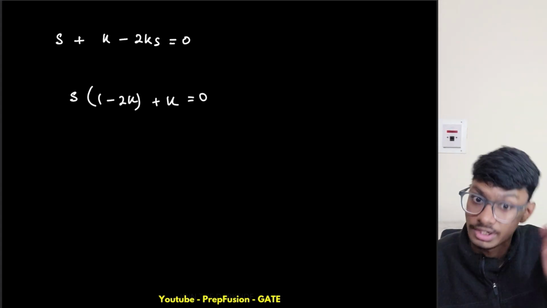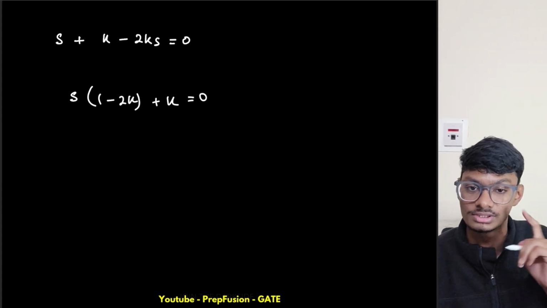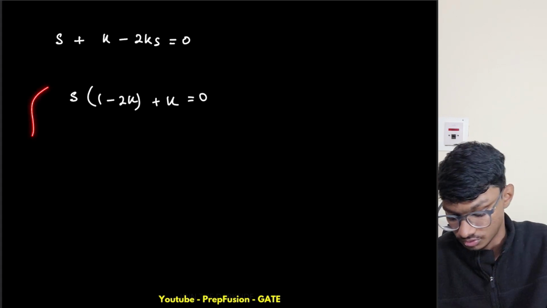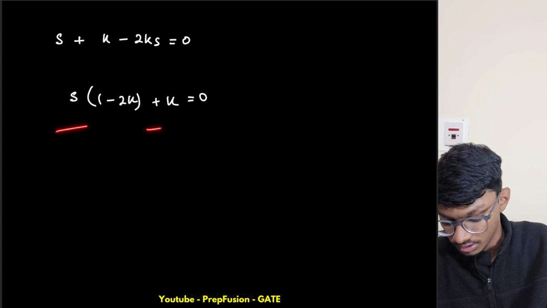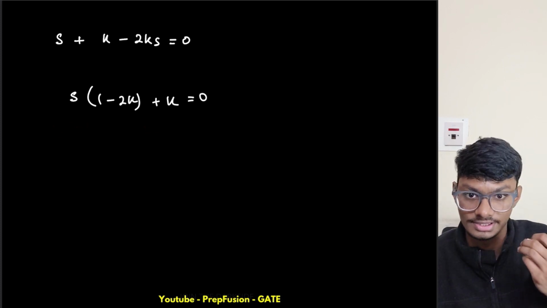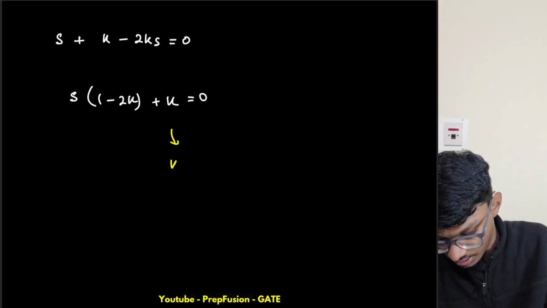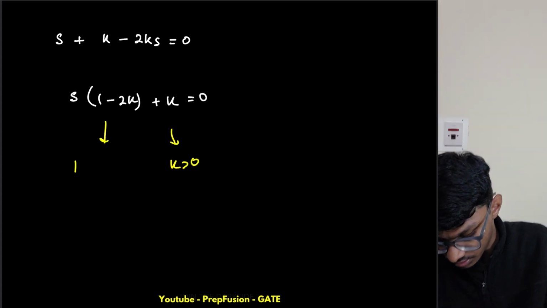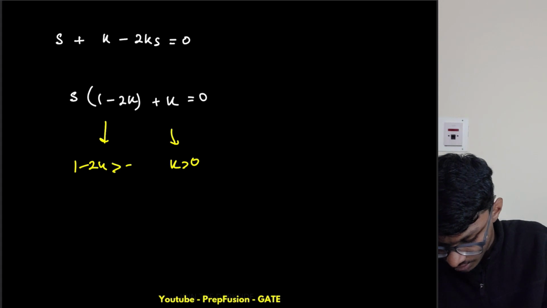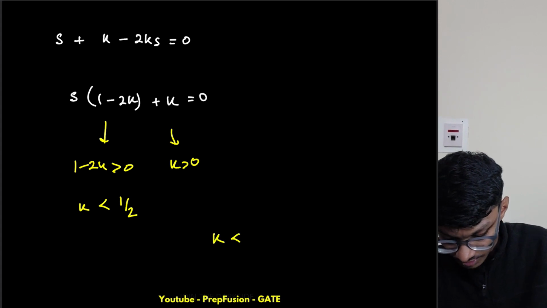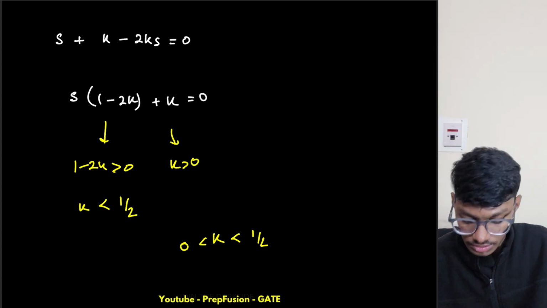If you remember, keep on revising. What was the first criterion? Up until second order equation, all the coefficients of s should be positive. So k has to be greater than 0, and 1 minus 2k has to be greater than 0. So from here I can say that k will be less than 1 by 2. So range of k is 0 to 1 by 2.